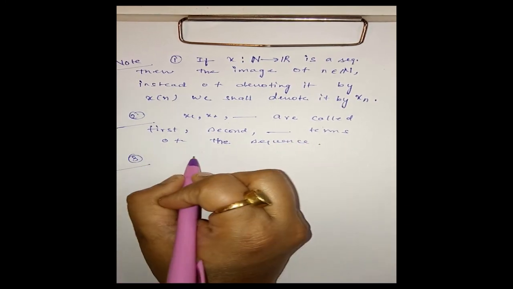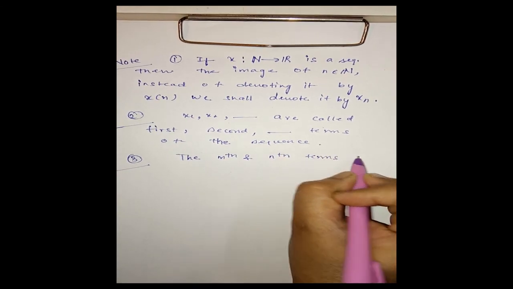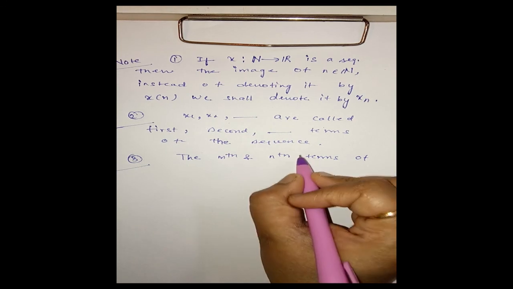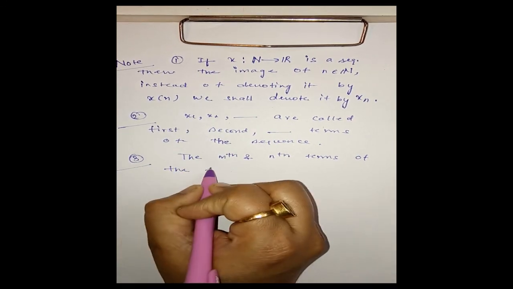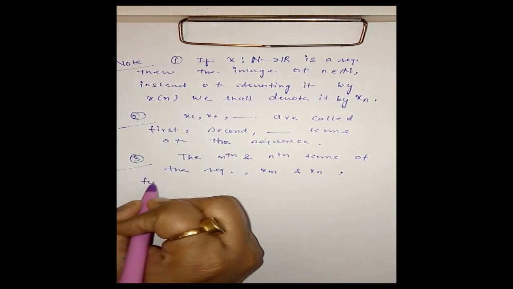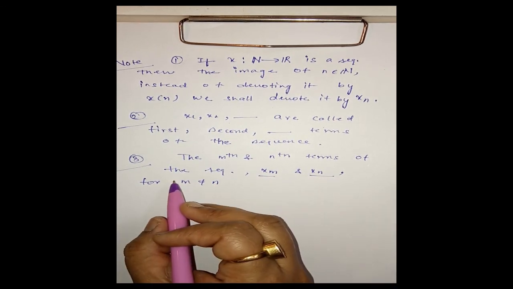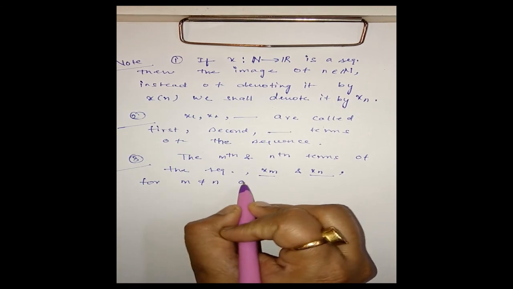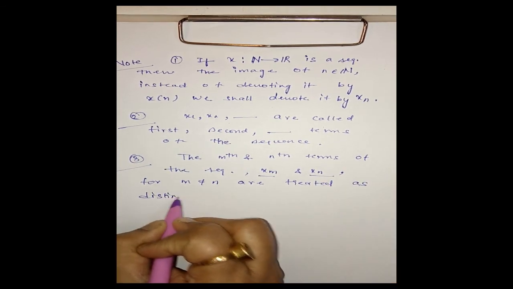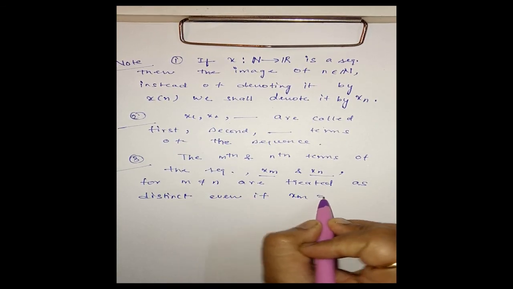Third, the mth and nth terms of the sequence, xm and xn for m not equal to n, are treated as distinct, even if xm is equal to xn.